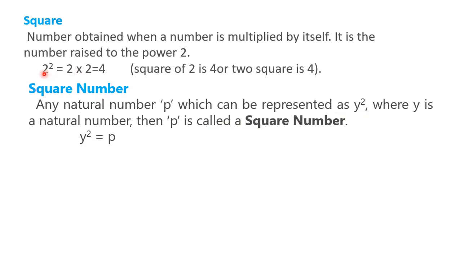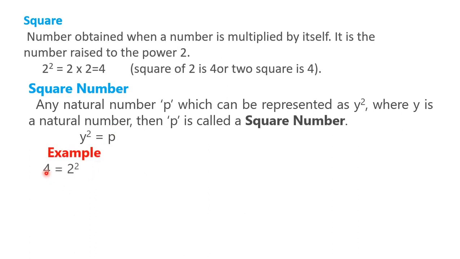In this example, we can understand very easily. When we write 2 square is equal to 4, we are expressing 4 in terms of 2 into 2, the product of the same number. So same number multiplied by the same number, that is 2 raised to the power 2, is equal to 4. So this 4 is a square number, or in general form this p is known as a square number.